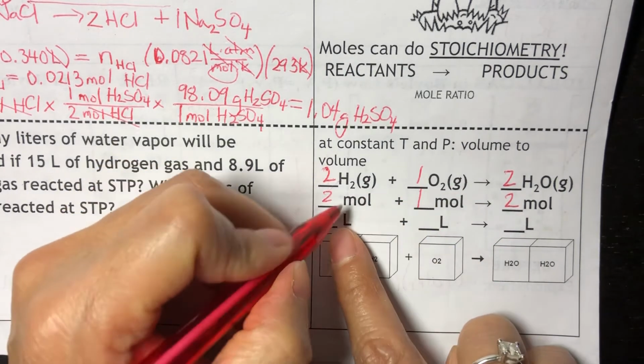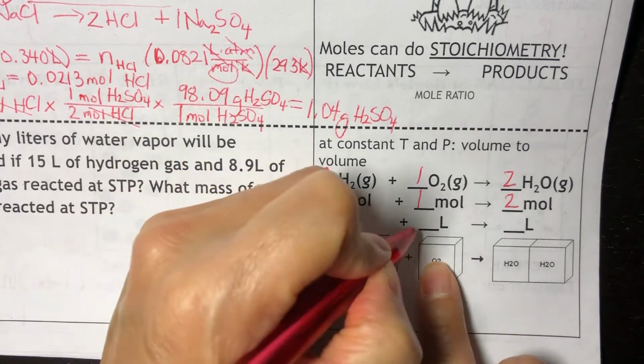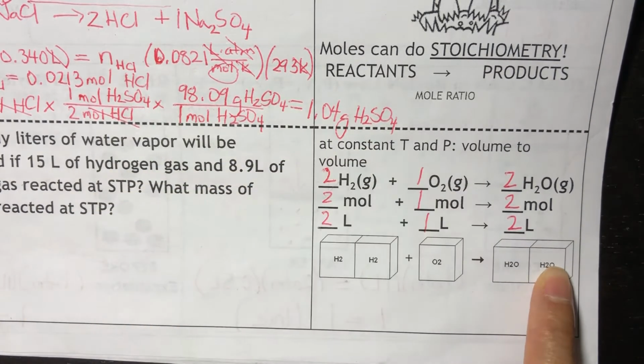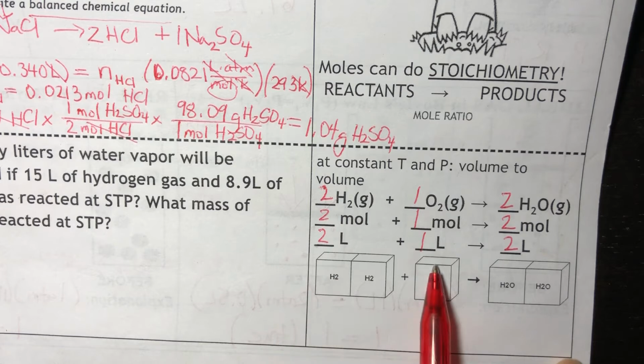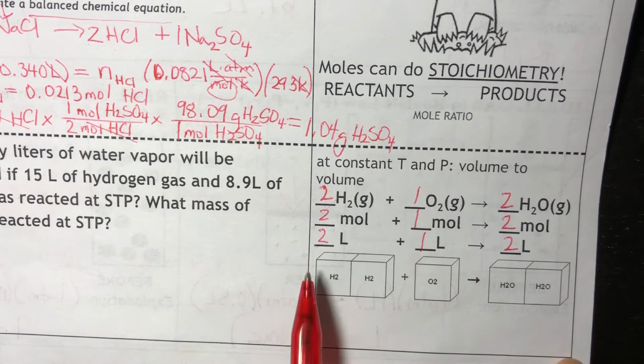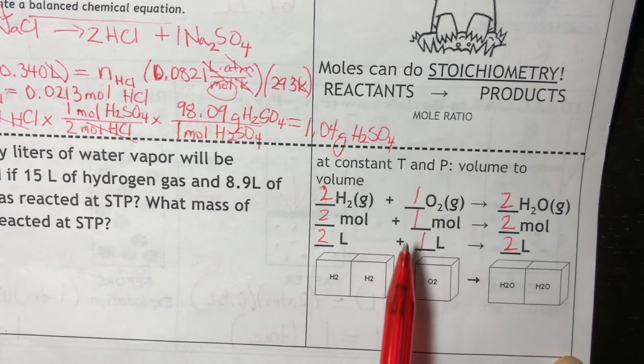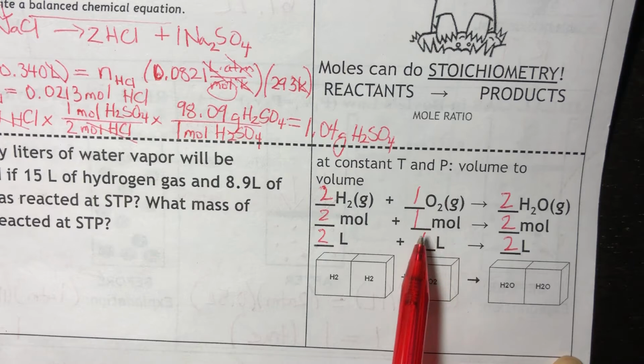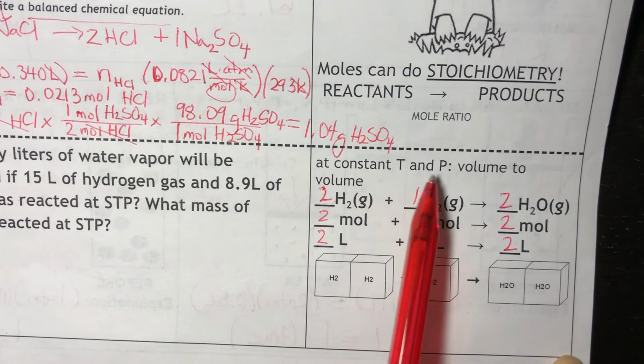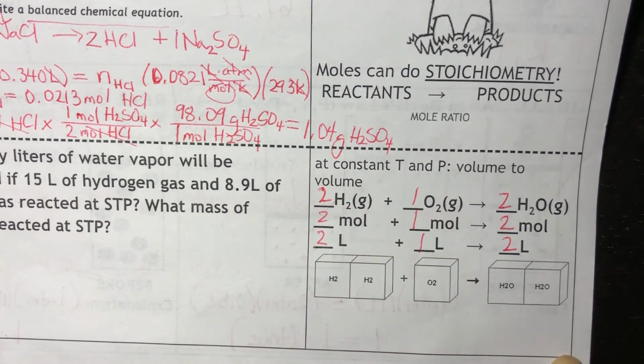So for every 2 liters of hydrogen, you would need 1 liter of oxygen to form 2 liters of water. So you can do volume ratios easily because pressure and temperature are constant.